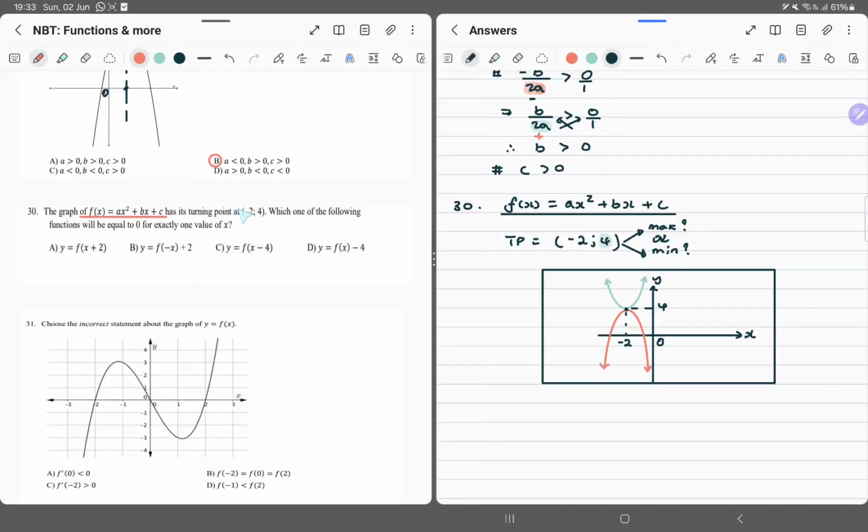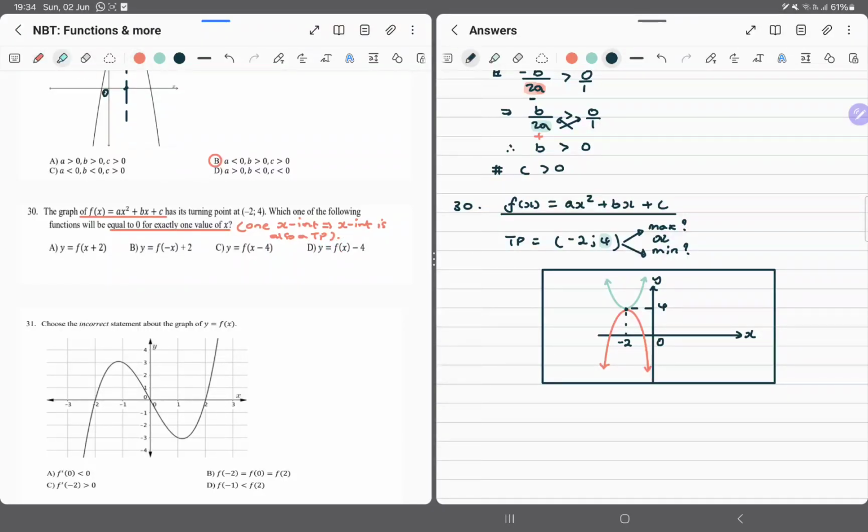Now, we are asked a question: which one of the following functions will be equal to 0 for exactly one value of x? So this statement says only one x-intercept. And that means the x-intercept is also a turning point.